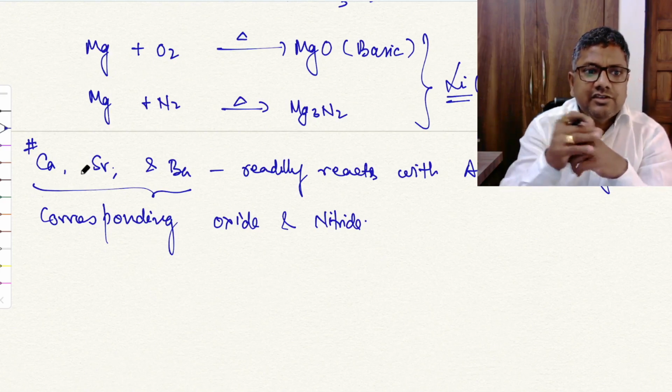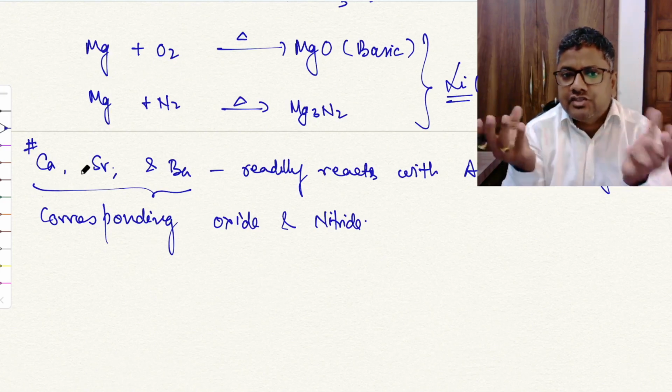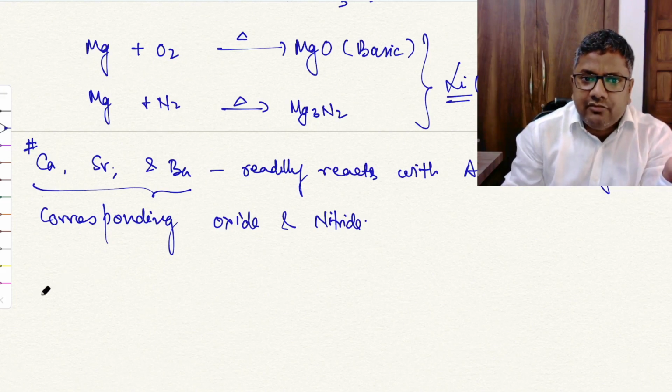But calcium and strontium do not have stable peroxide.